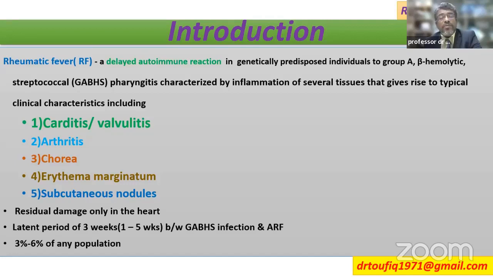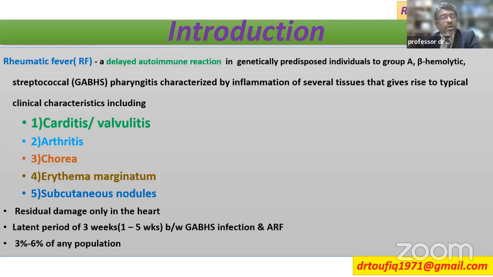There may be aortic valve involvement, mitral valve involvement, or tricuspid and pulmonary involvement, though they are rarely involved. The mitral and aortic valves are the commonly involved, but the mitral valve is the commonest in rheumatic fever. These valves are usually damaged, giving rise to rheumatic mitral stenosis or mitral regurgitation.